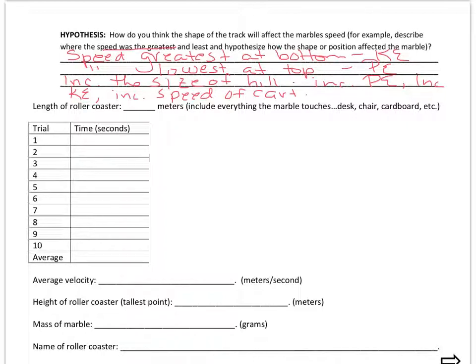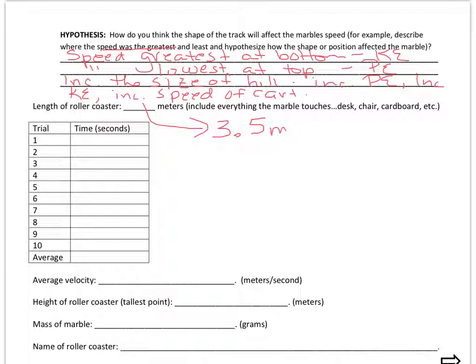You should have gotten a length for your roller coaster. I'm just going to put in the numbers that I got for my data table, and these numbers are just kind of made up numbers, but I'm going to show you how to do the calculations based on these numbers.